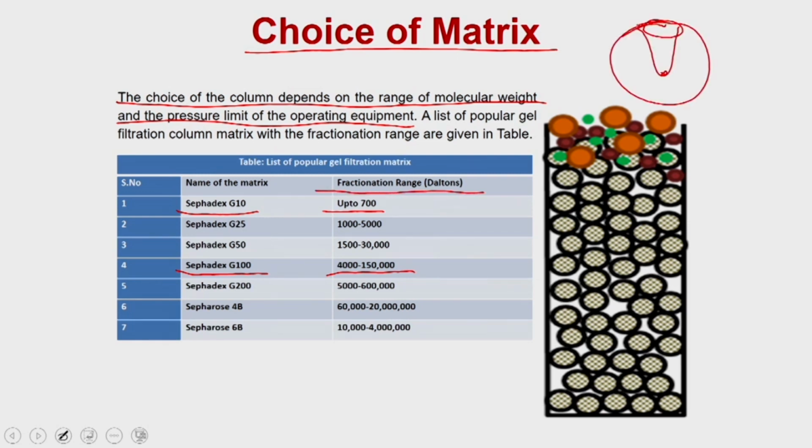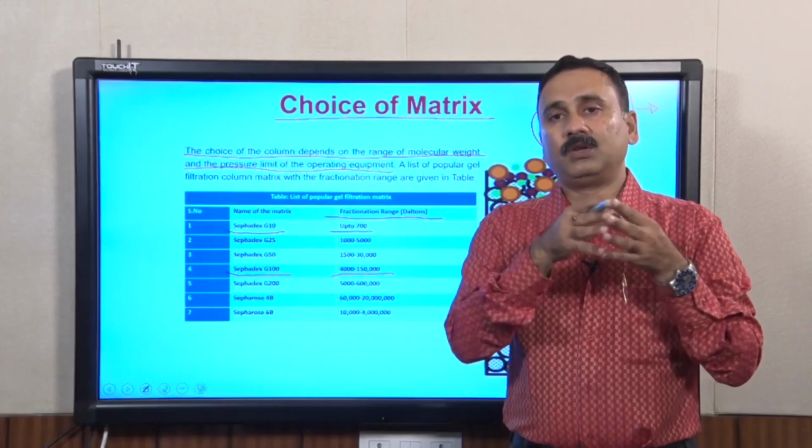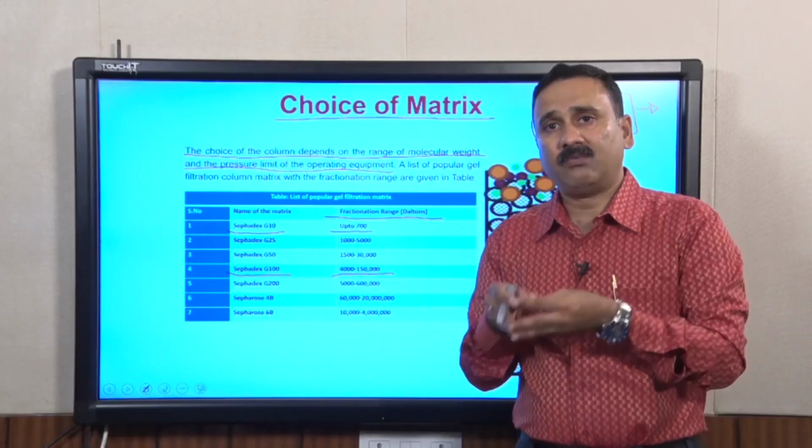The fractionation range means this is the largest size molecule which this column can resolve, and this is the smallest molecule which it can resolve. Within this fractionation range the column is going to have better resolution and it is going to fractionate the different molecules.